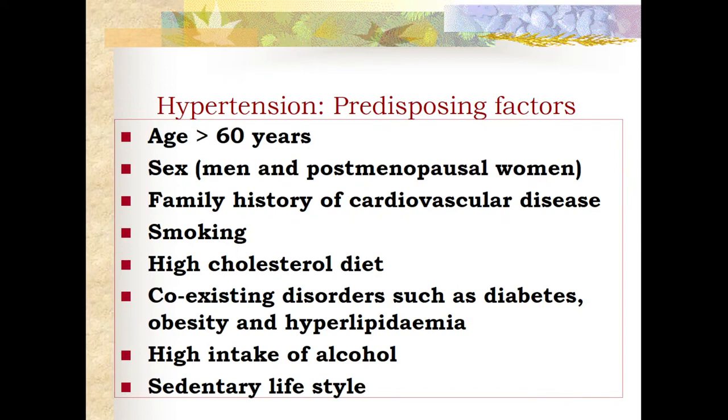Predisposing factors of arterial hypertension. Risk factors. At first, age, more than 60 years. Sex, genetics, men and postmenopausal women. Family history of cardiovascular disease, genetic predisposition.